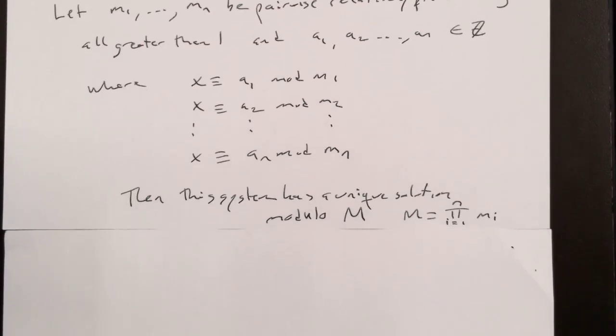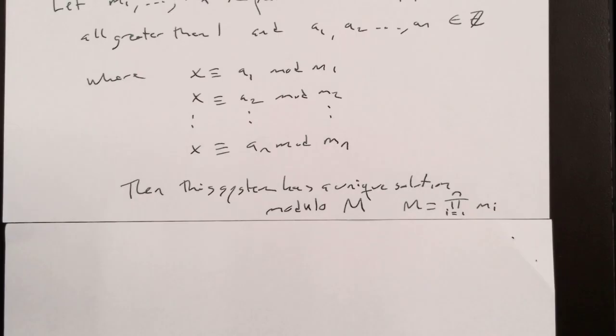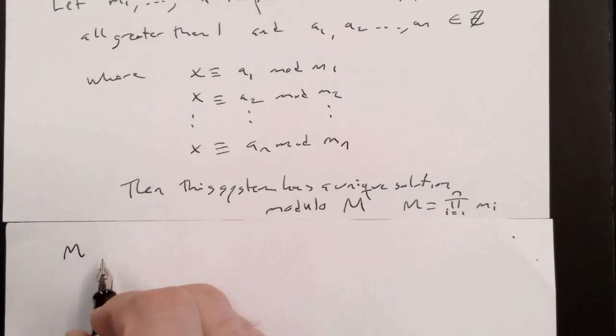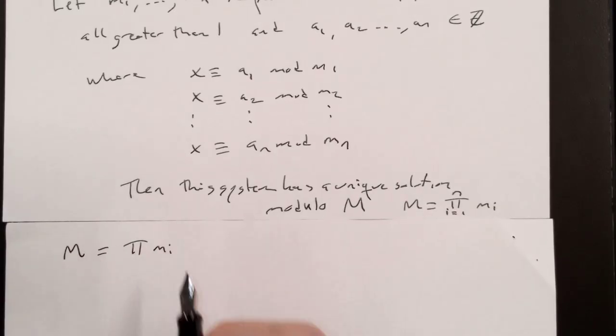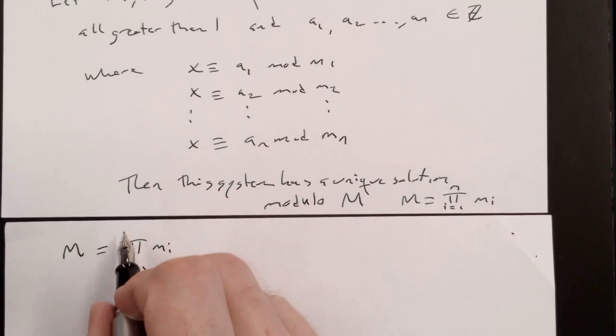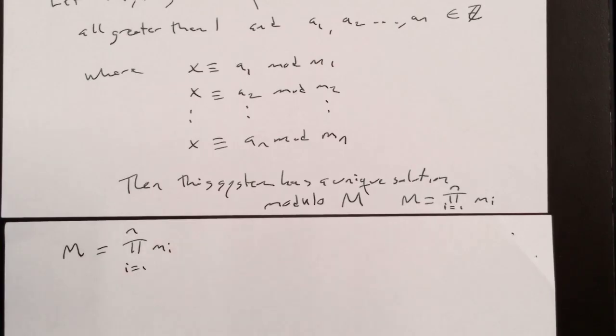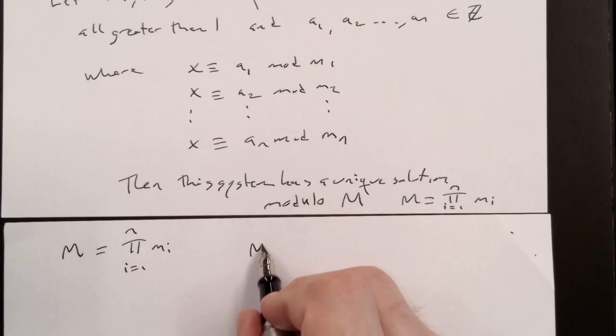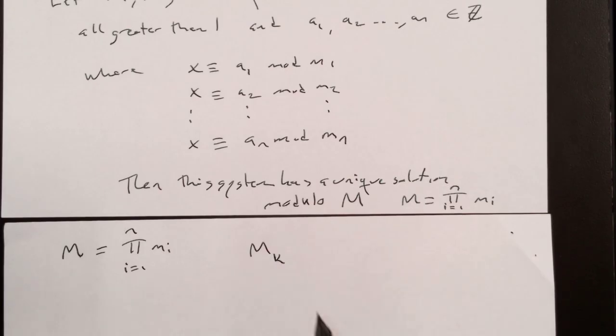It turns out that the proof of this theorem is actually constructive. It tells me how to solve it. If I let capital M be the product of all of the little m's, i equals 1 to however many there are, I'm going to create a new value, capital Mk. And that's going to be M divided by little mk.